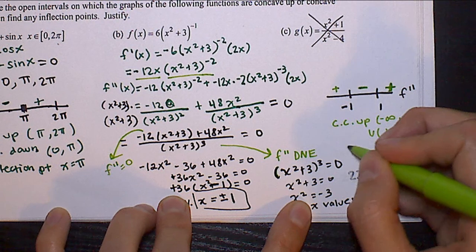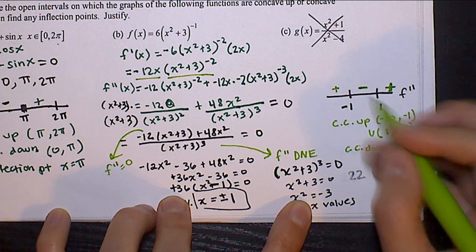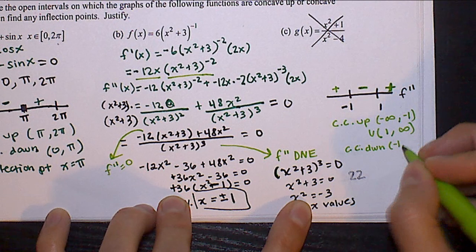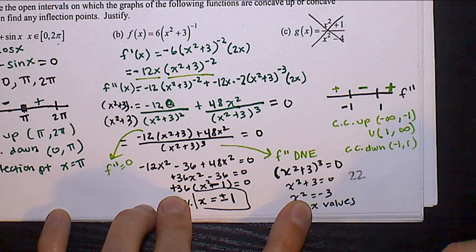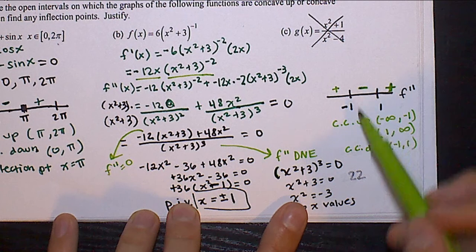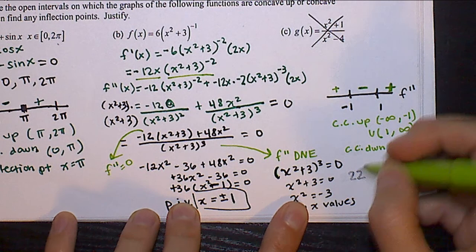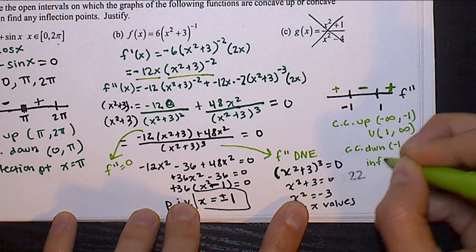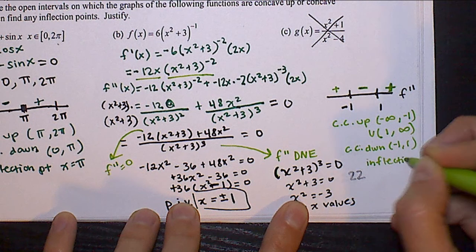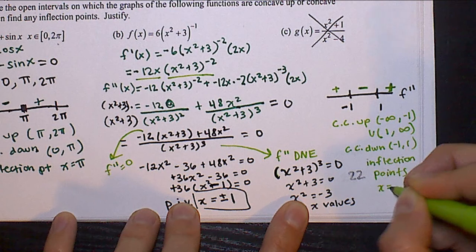It's concave down right here from negative 1 to 1. These were possible inflection values, but after doing this chart, because the concavity changes at both these points, now I actually know these are indeed inflection points. So inflection points at x equals negative 1 and x equals 1.